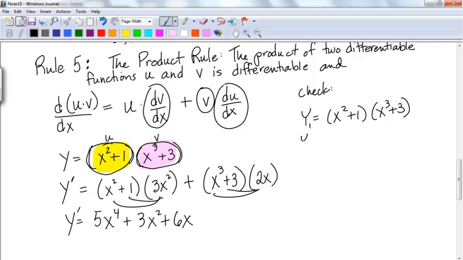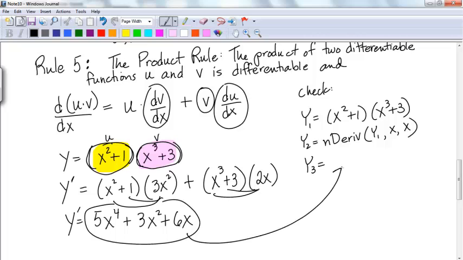In y sub 2, you would do the numerical derivative of y sub 1 comma x comma x. Then I would put my answer in y sub 3, and I would turn these two on, and they better graph the same thing. If they're not graphing the same thing, that's the check that you've made an error in calculation, because the calculator's derivative and your derivative ought to be the same.